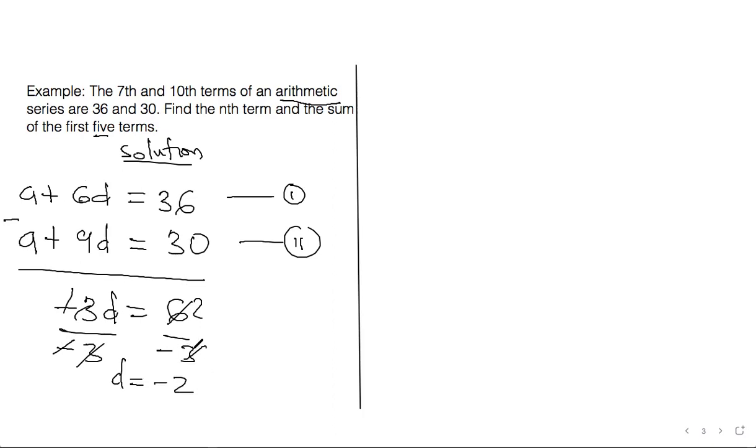So I know the common difference as minus 2. Then I can write the expression for the nth term, because for an arithmetic series, Un is A plus n minus 1 D. Do I know the first term? No, so I can calculate it using either of these equations.